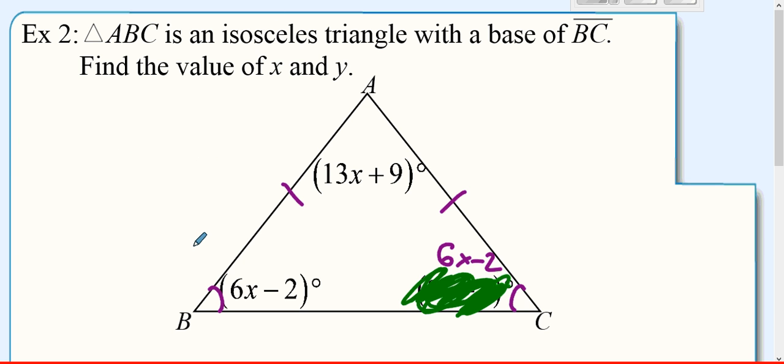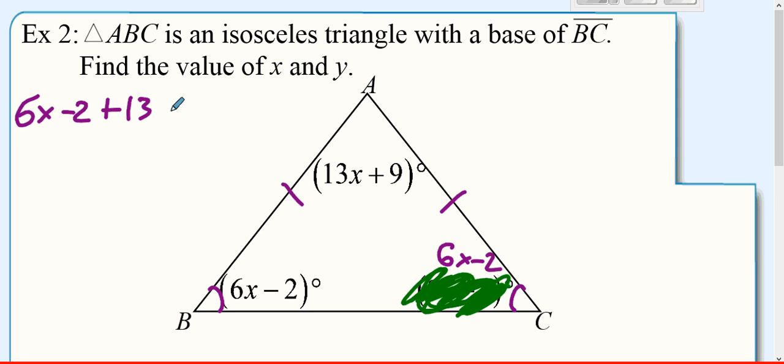But we do know all 3 angles now. We know something about all 3 angles. We can say 6x minus 2 plus 13x plus 9 plus 6x minus 2, it's a mouthful, all 3 angles add to 180.